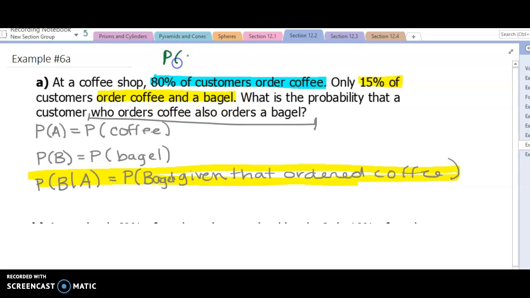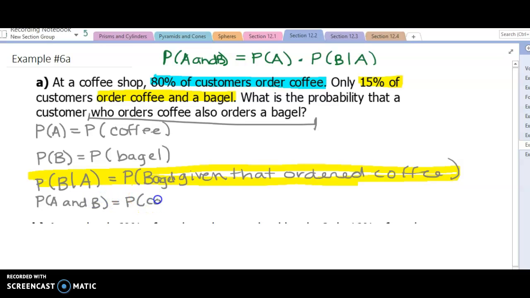So we would use the probability of A and B equals the probability of A times the probability of B given A. We need the probability of A and B, the probability that they ordered a coffee and a bagel. Let's look back at what we highlighted up here.